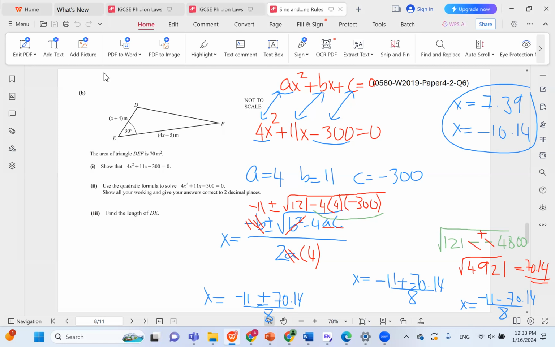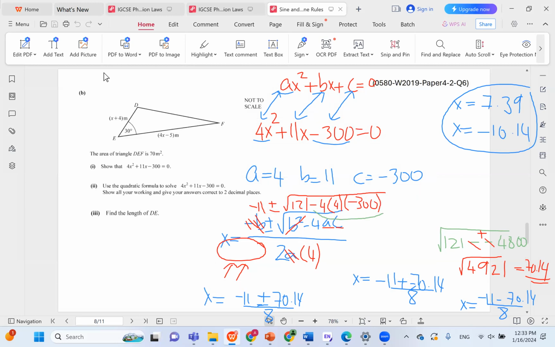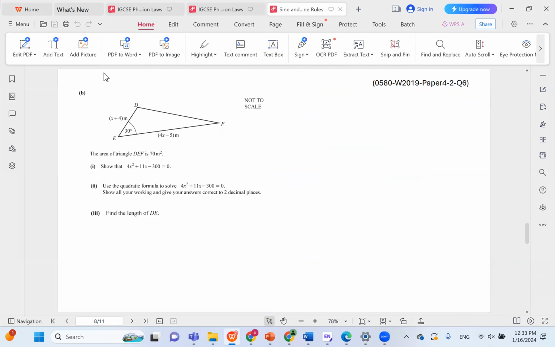Let's just check whether they are correct. For double I, if you look carefully, you're going to find that the final answers are in fact correct. Negative 10.14 and 7.39. Let's go back and try to do triple I. Of course, we're just going to take the positive value for x. So X here, excuse me, it was 7.39.